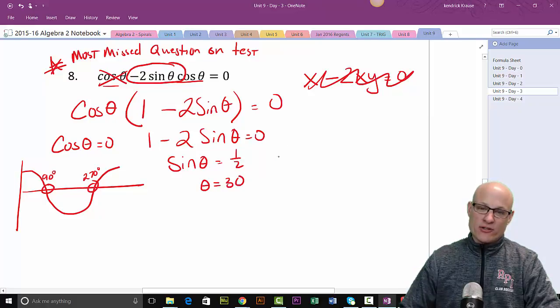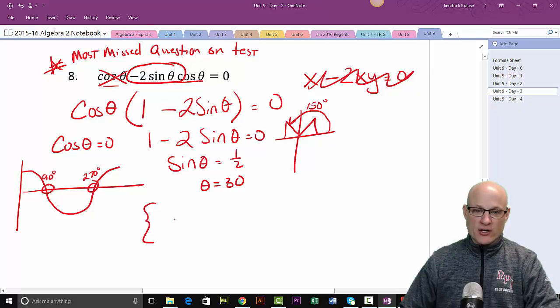Positive. Sine is positive in the second and first quadrant. First quadrant is just 30. The second quadrant is right here, which is 150. I hope you guys are getting pretty good at those. So my answers are 30 degrees, 90 degrees, 150 degrees, and 270 degrees.